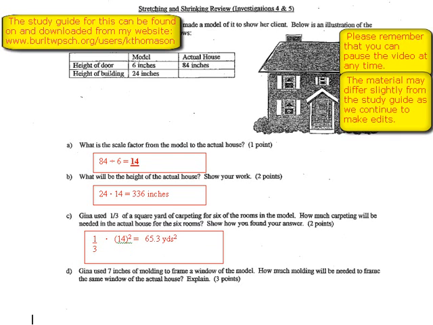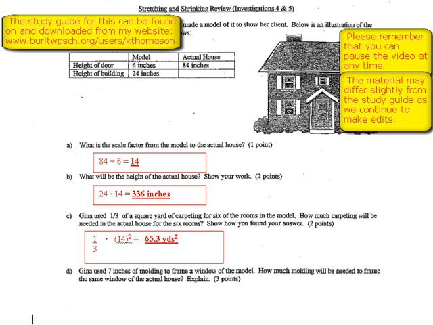Well, 14 times 14 is 196, and 196 times 1/3, which is the same thing as 196 divided by 3, is 65.3. Now what are we dealing with here? Square yards. We got to remember our units. So 65.3 square yards, or yards squared.